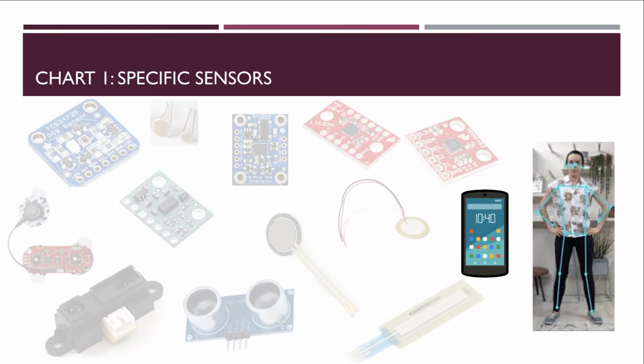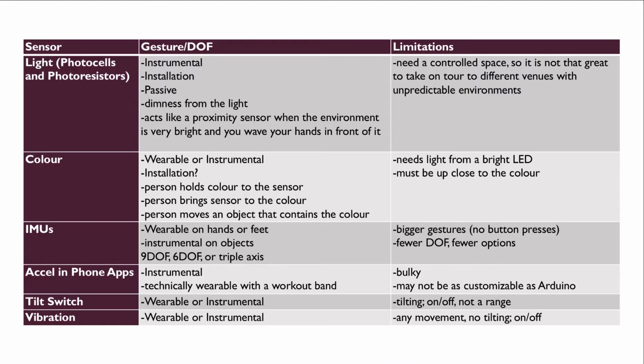And I included other devices like the smartphone and various forms of skeletal motion tracking like PoseNet. And then I made the second group of charts that outlined the general sensor's possible gestures and playing contexts, as well as their limitations. On the slide here is only a small portion from these charts.